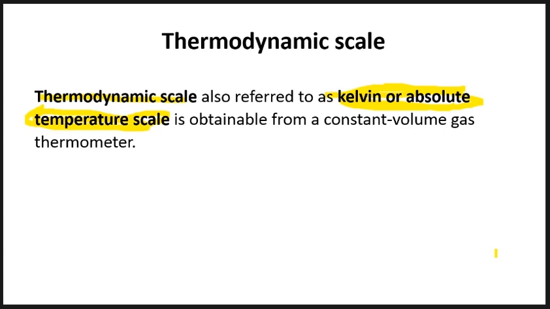And mind you, it has been said that ideal gases are not realistic. They do not exist, but we just assume they exist. So a rare gas begins to behave like an ideal gas at a very low pressure, which will give a very low temperature. Hence, from this explanation, it simply means that the temperature obtained at that very moment does not depend on any other property of a substance.